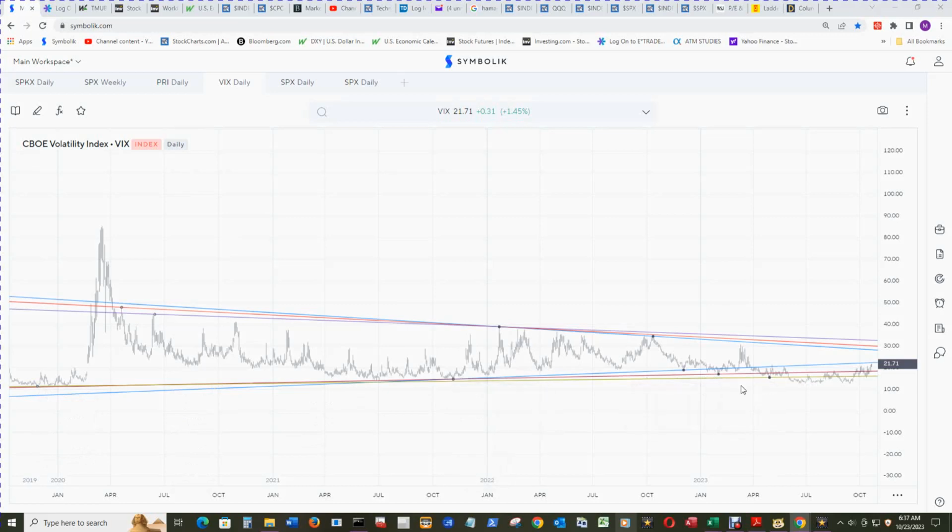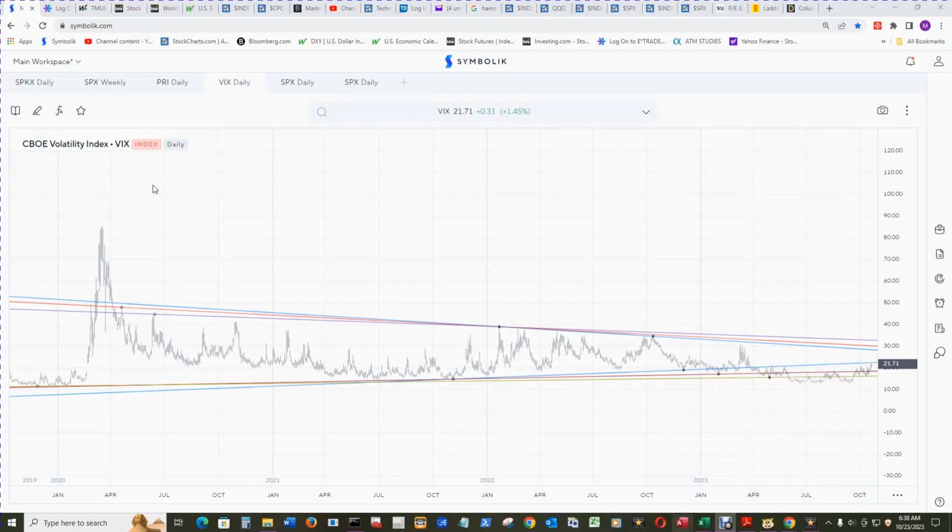There are several hits in the red and the gold one separated here, and the blue one was created here on November 4th, and one hit here. But you can see it acted as really good resistance in this area through 2023. And now we're bumping up against that again.